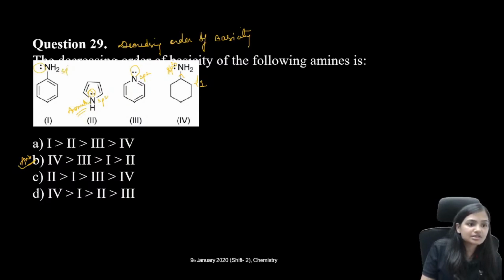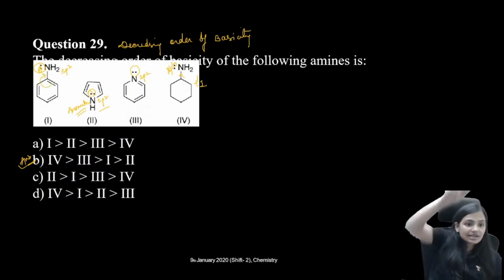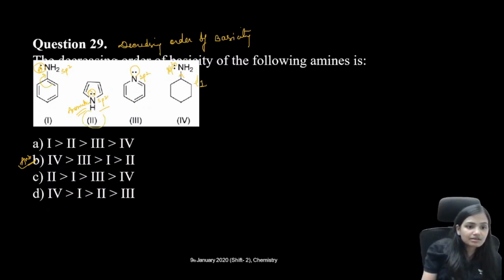Still we can say there is the plus M effect of this benzene. So what is the right answer? The second is going to be the least basic because its lone pair is stabilized by aromatic nature. And the fourth is going to be the most basic because this is a simple sp3 hybridized localized pair of electrons.